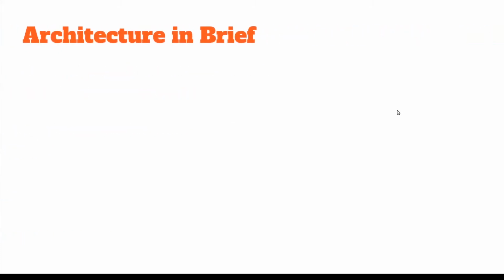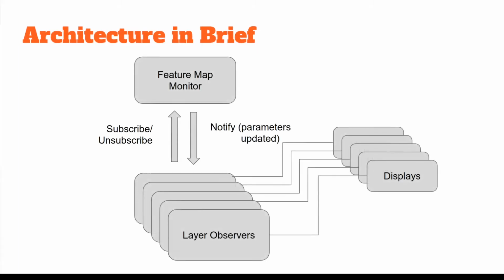Next, I would like to talk about the architecture of the package in brief. PyLaymon consists of a feature map monitor which maintains a list of layer observer objects. These are the layers whose feature maps need to be visualized. Each layer observer has a display attached to it.